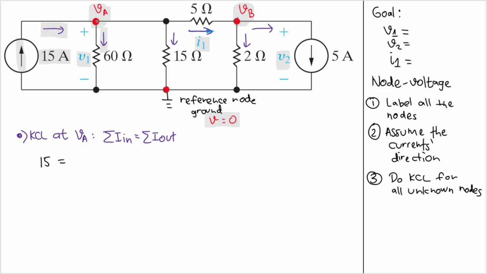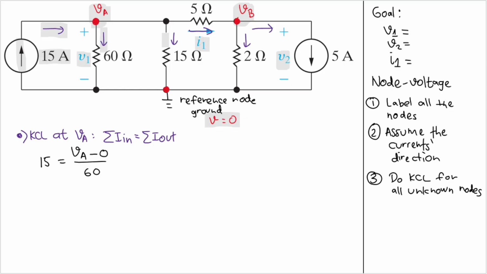The current comes from VA, and then goes down to the reference node. So I will have VA minus the reference node, which is 0. Because this is the voltage, we need to divide by the resistance between them, which is 60. Good, and that is the first current that goes out.